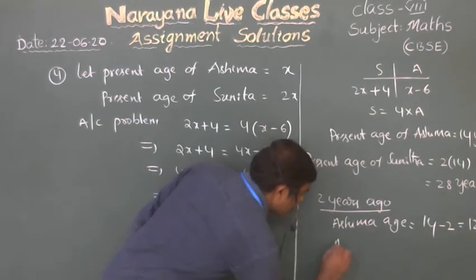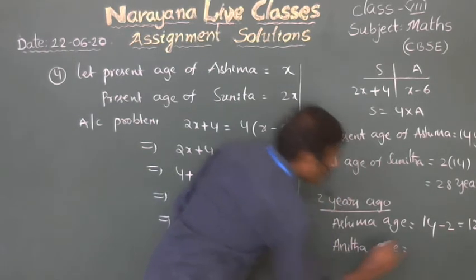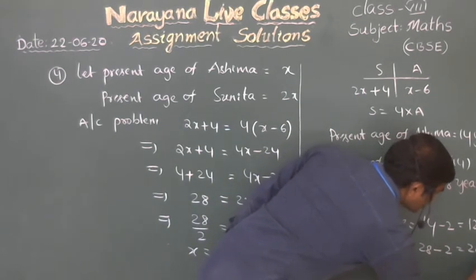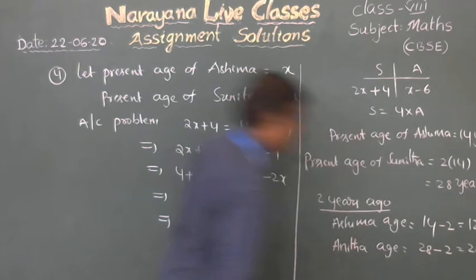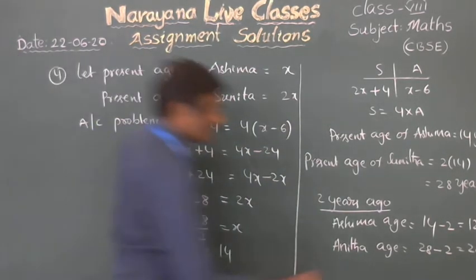Next, Sunita is equal to 28 minus 2, equal to 26 years. This is the fourth one. Okay, children?